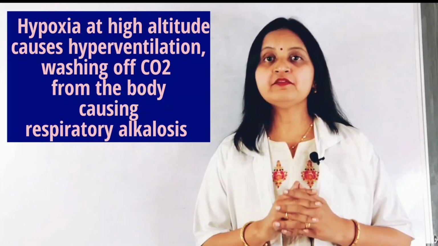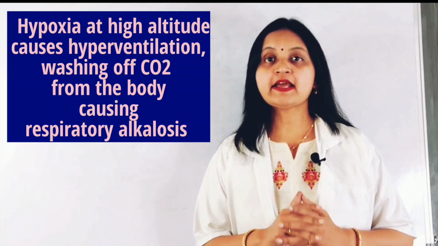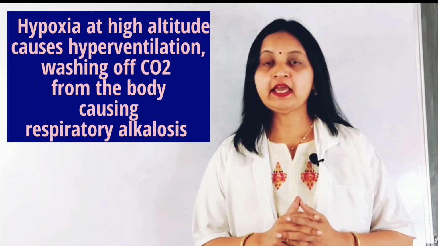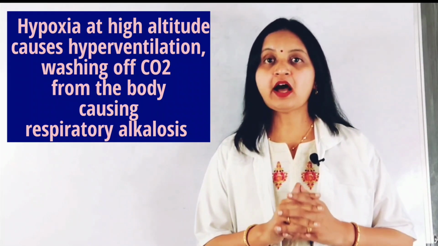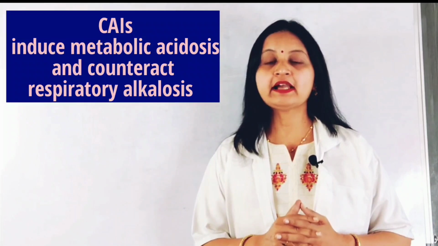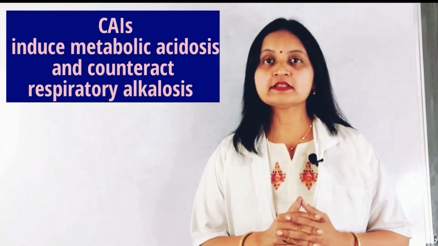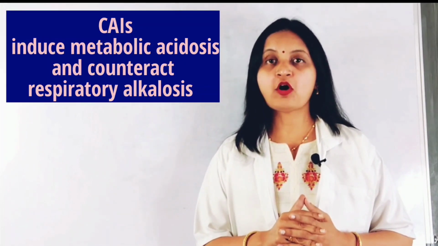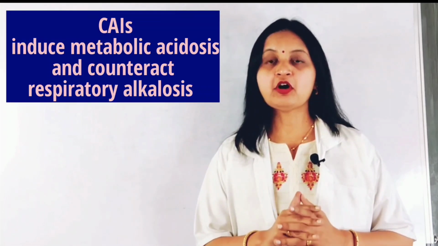This causes hyperventilation and carbon dioxide is washed off from the body, and this causes respiratory alkalosis. Carbonic anhydrase inhibitors induce metabolic acidosis and can counteract respiratory alkalosis that is caused because of high altitude and because of hypoxia. Therefore, carbonic anhydrase inhibitors can be useful for the treatment of acute mountain sickness.